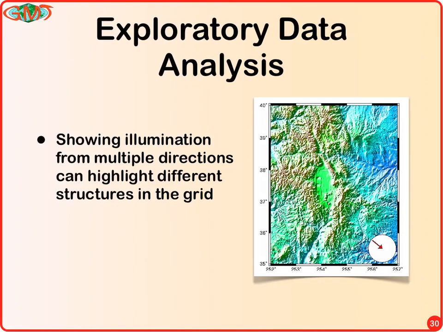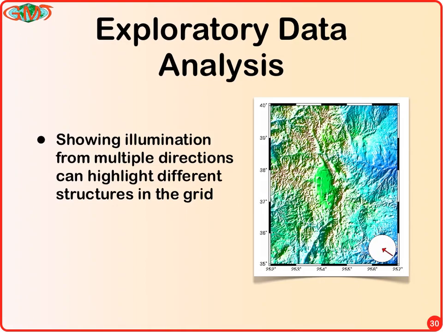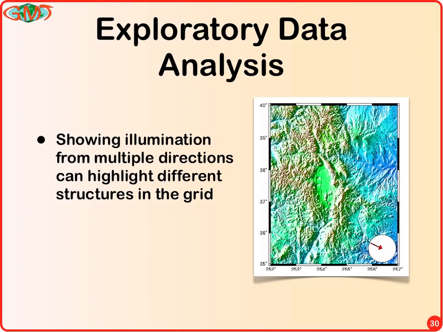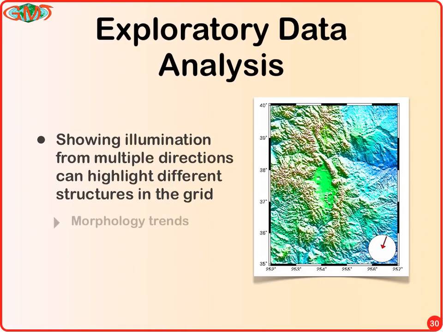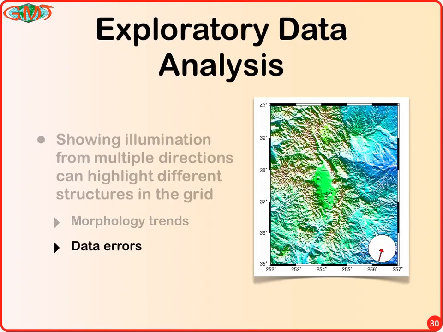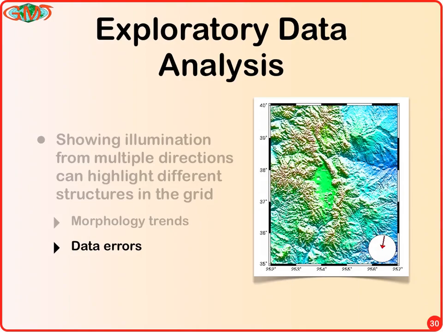And this lets you explore your data. Look for trends, look for artifacts, and so forth. It's not too hard to write a script like this, just looping over azimuth and making the same plot again and again. So the trends will stand out for different angles, and you'll see the errors in the data, which you may go back and reprocess perhaps, and then move forward.